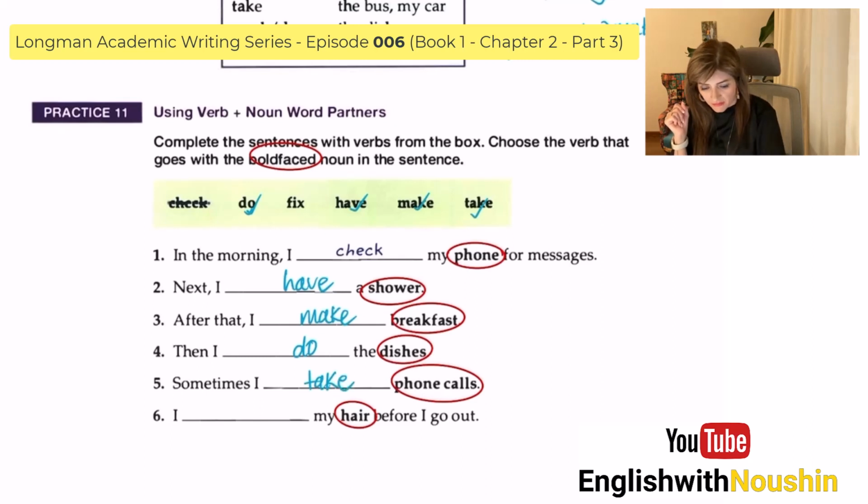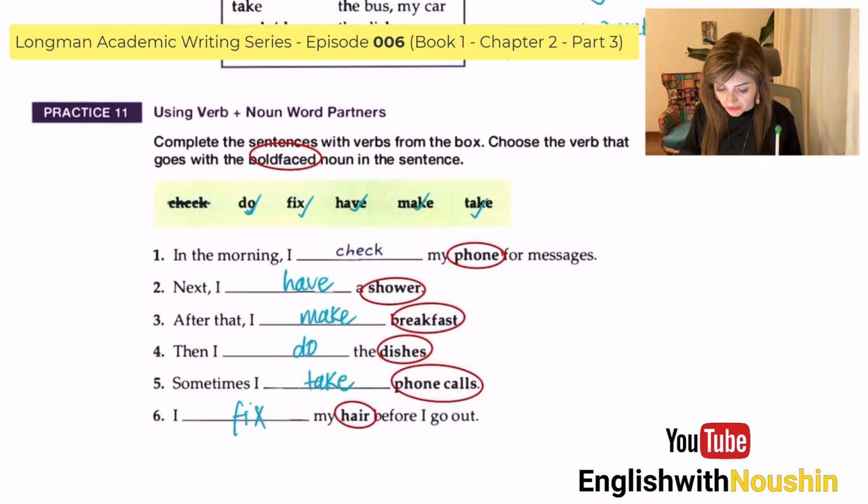And I fix my hair. Now, I know you have a question. You're thinking, okay, I put next I take a shower. Yeah, take a shower is okay too. You can also take a shower, but you cannot have phone calls. I have phone calls. No, it doesn't make sense. Then sometimes you take phone calls.